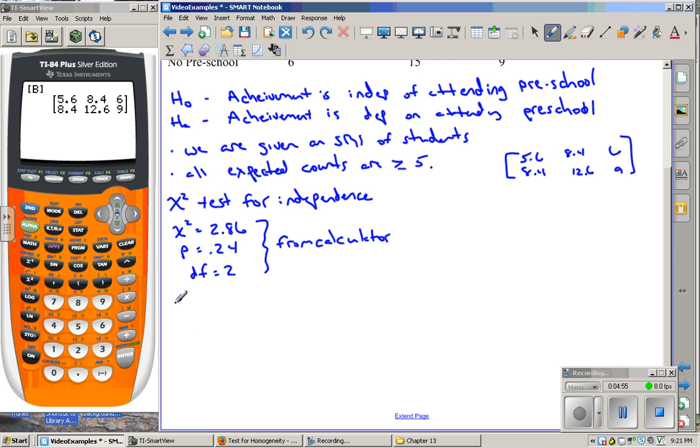Alright, so we figured out our chi-square, we figured out our p-value, so we can draw a conclusion now. Since p is greater than 5%, we will fail to reject the null.